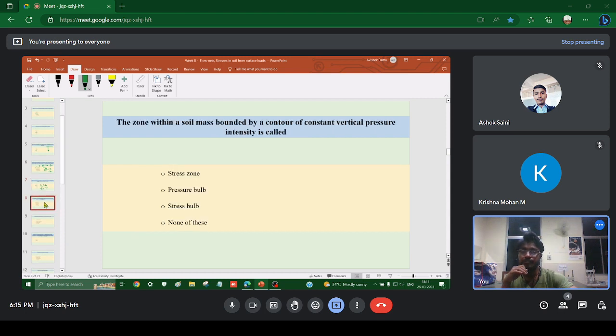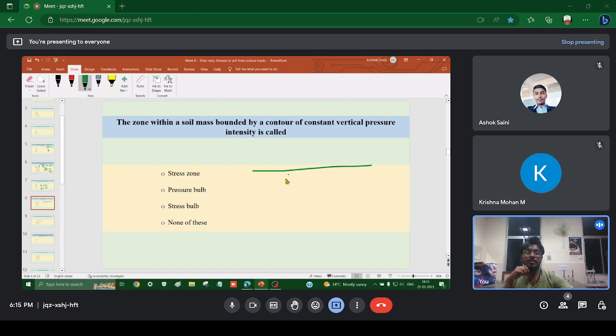Next question. A zone within a soil mass bounded by a contour of constant vertical pressure intensity is called? Pressure bulb. Yes, pressure bulb. And someone was asking about the difference in bulb and isobar.